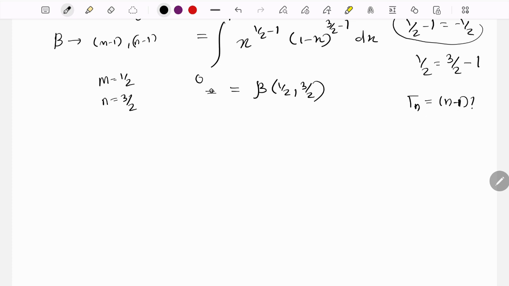Okay. For example, gamma of 2 is equal to 2 minus 1, 1 factorial. And gamma of 3 by 2, this is equal to n minus 1 factorial. That is 3 by 2, we can write it as 5 by 2 minus 1.